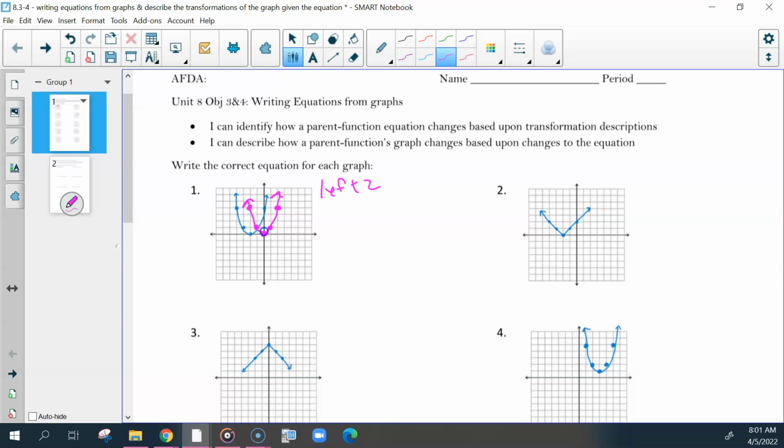Inside. And this is a quadratic, or an x squared. So when we write this equation, it'll be y equals, or f of x equals. This would be x plus 2 or minus 2? Plus 2.